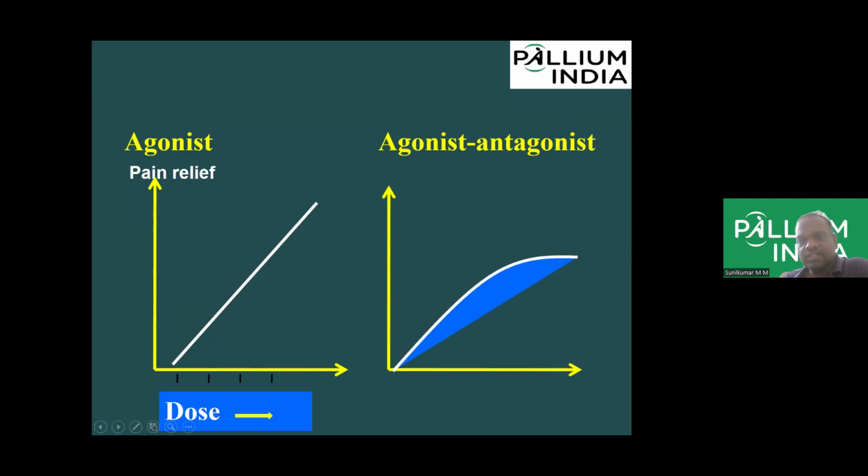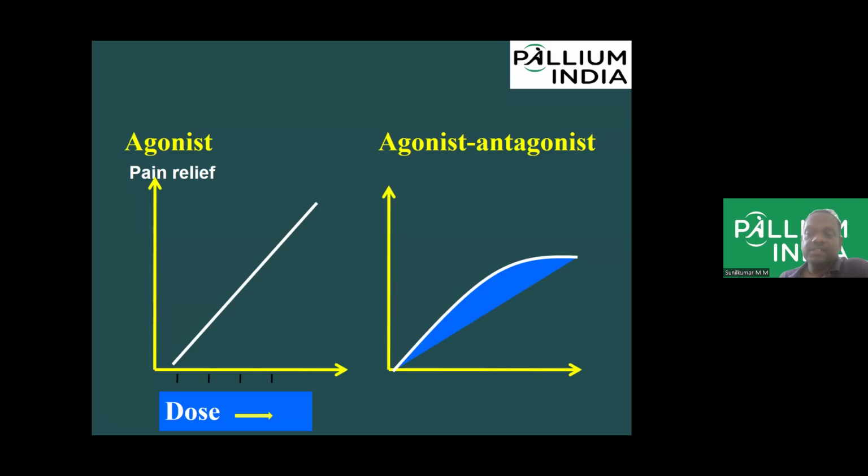But look at the other graph, agonist-antagonist. What happens here? Initially, there would be corresponding pain relief when you increase the dose of the agonist-antagonist. But after a point, the curve plateaus. That means even if you increase the dose, it is not going to give you further pain relief. So there is a maximum dose.